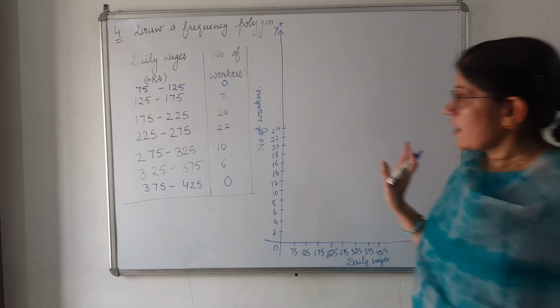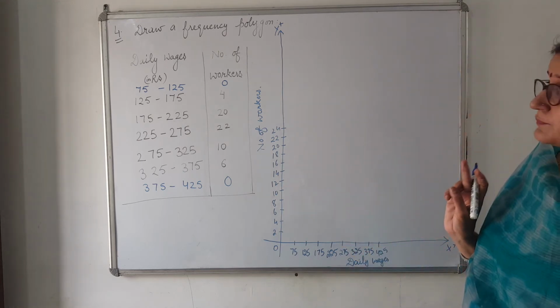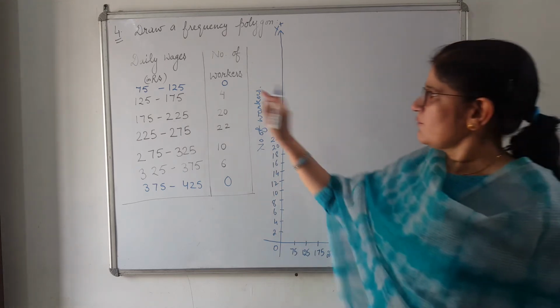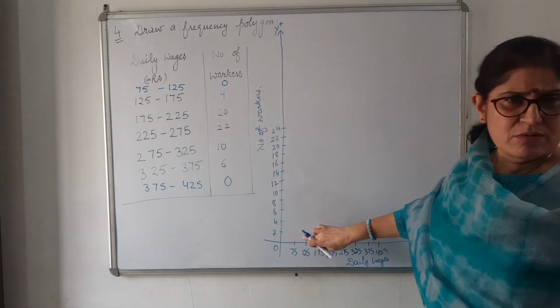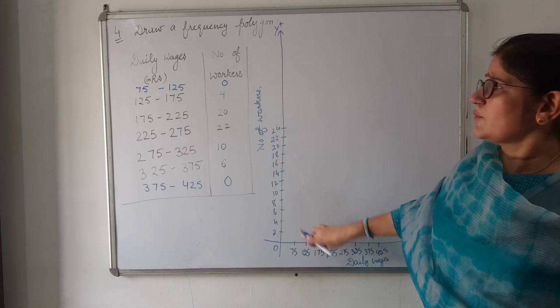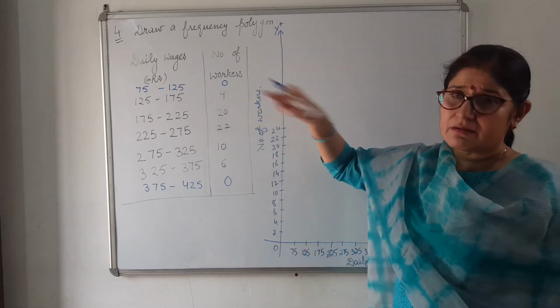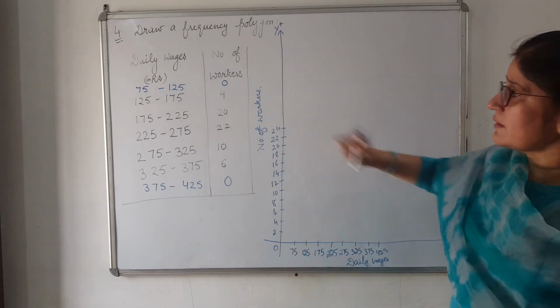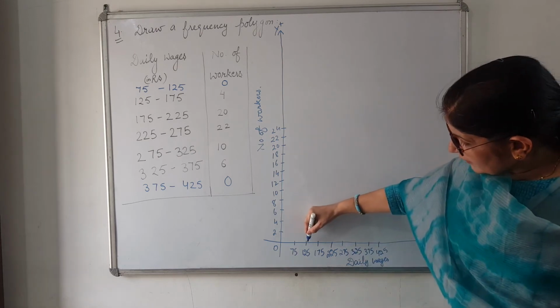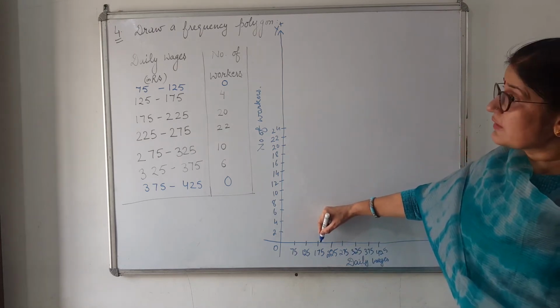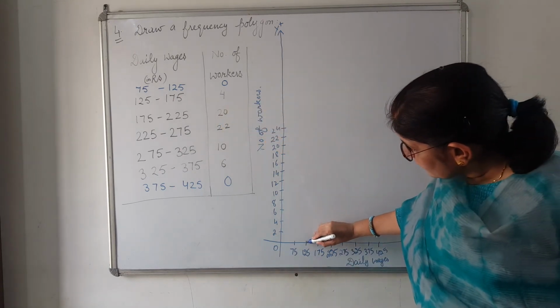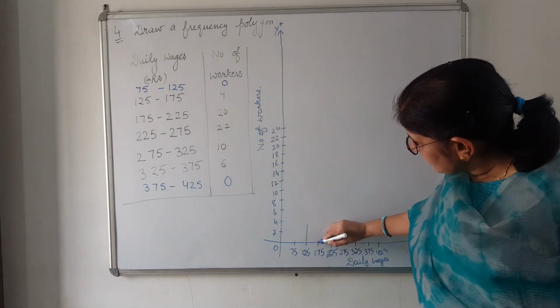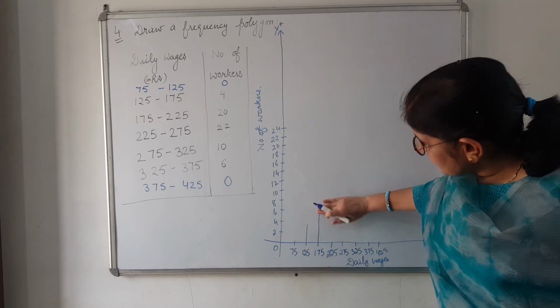Yes. After this, now the first one. We need this 75 to 125, 0. That means there is no rectangle because height is 0, as we take length and breadth similarly. Now the next one is 125 to 175. Frequency is 4. So this group we will take and we take these lines up to 4.